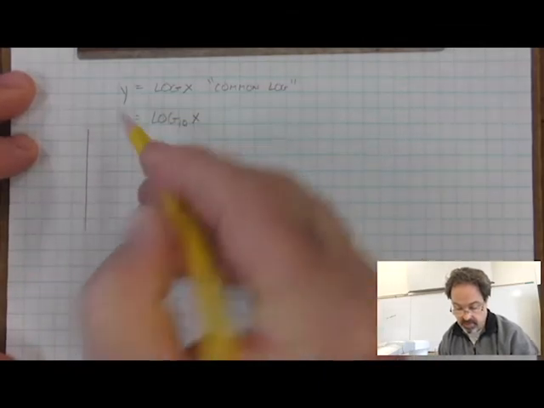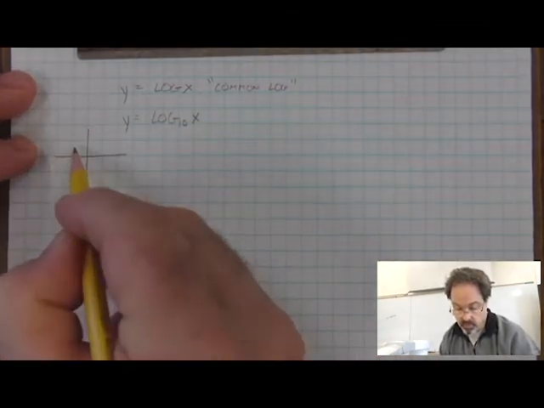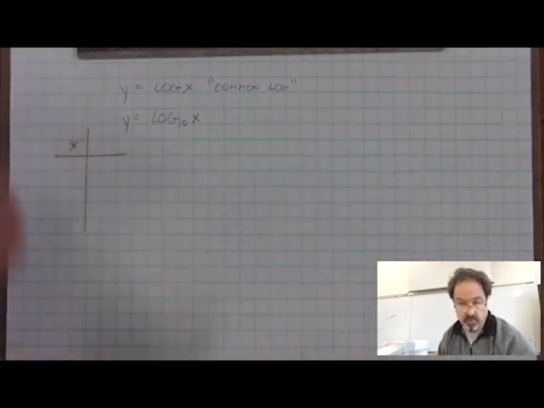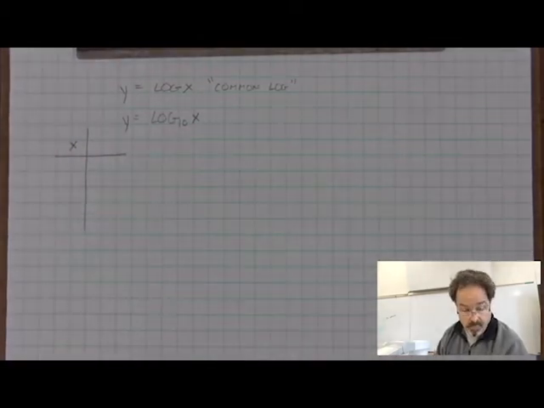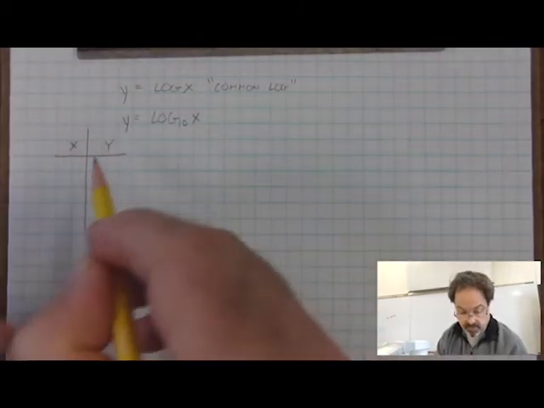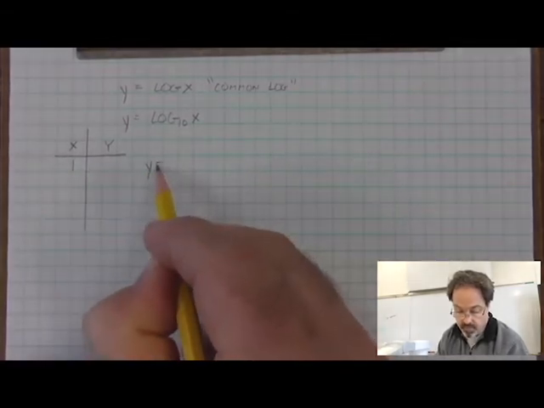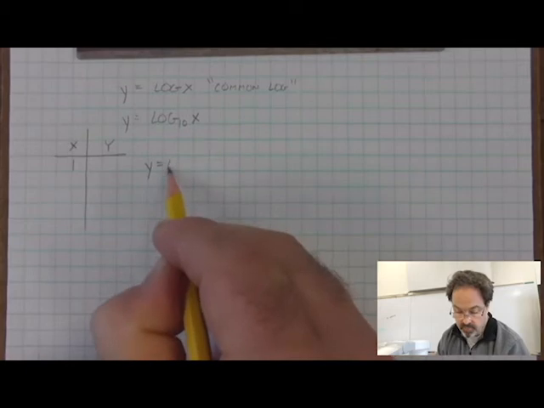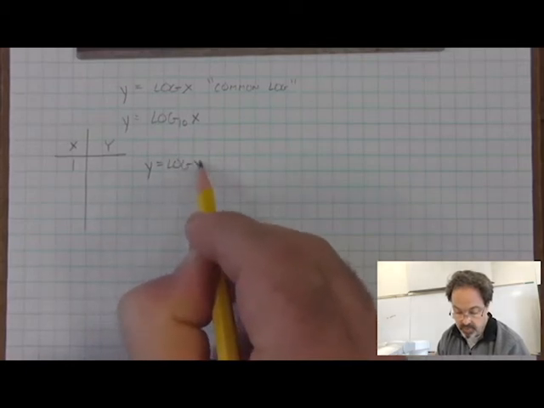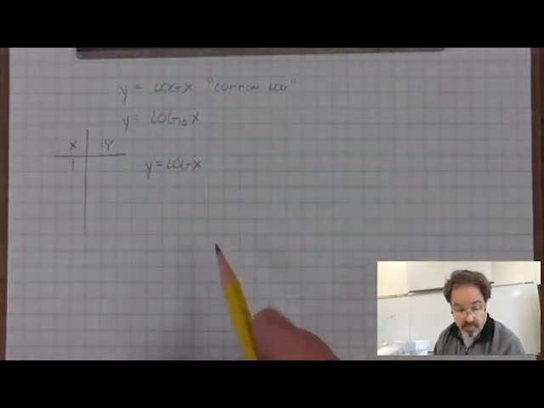Let's make a t-table where we choose values of x and use the equation to find y. If I choose the value 1 for x, then I calculate y with this equation. y is equal to the log of x, log base 10 of x.